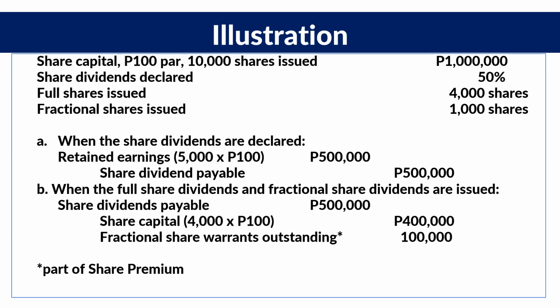So that's 100,000, still based on the par value. So take note that the fractional share warrants outstanding is part of your share premium. And if the shareholders do not exercise the share warrants, you will also transfer the fractional share warrants outstanding to share premium.